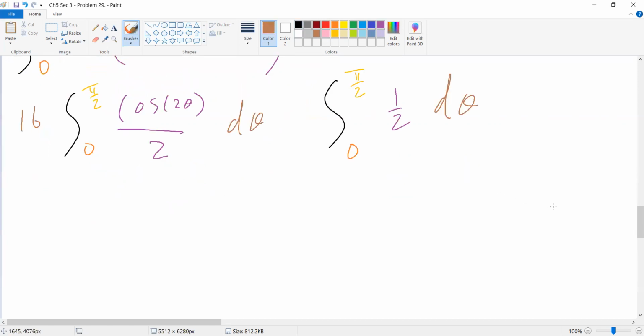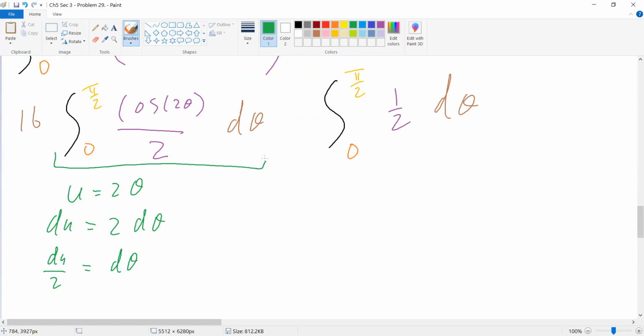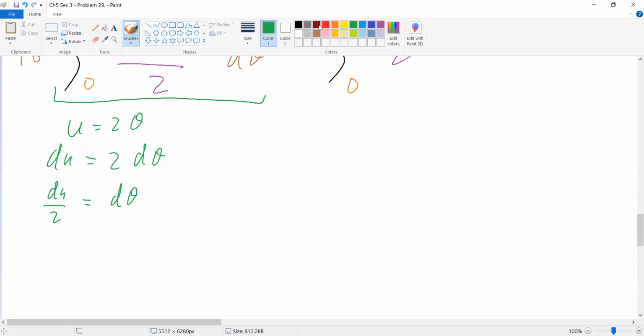For our first statement here, where we have cosine of 2 theta, this is just a very quick u substitution. So all I'm trying to say is, okay, I have u equals 2 theta. That means du is equal to 2 d theta. And so that gives us du over 2 is equal to d theta. So I can do this one integration using a quick u substitution.